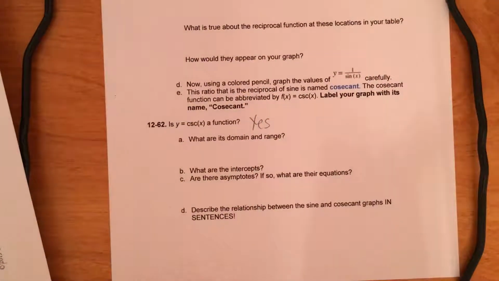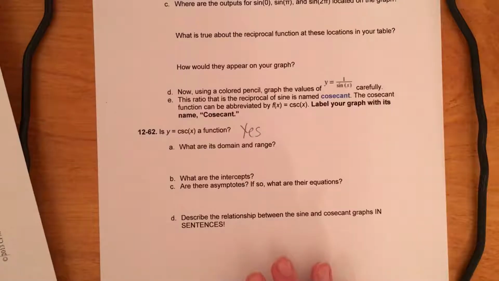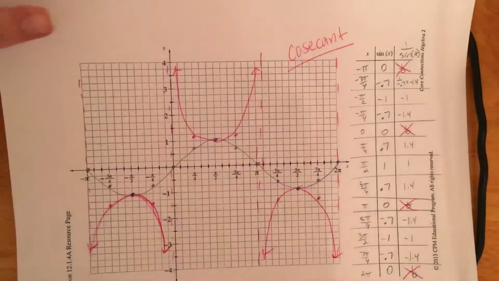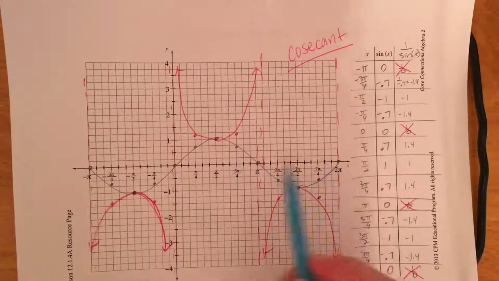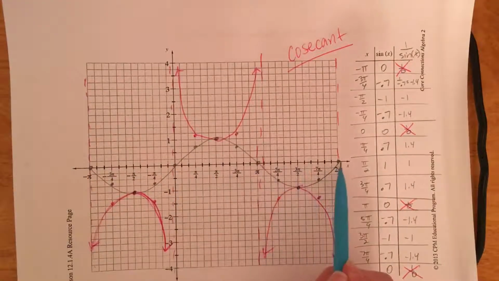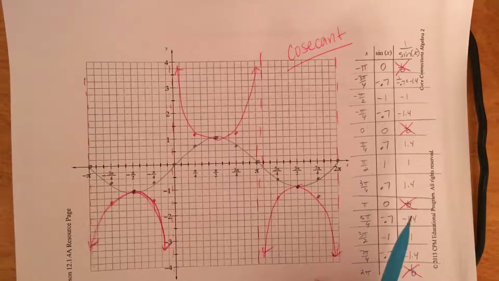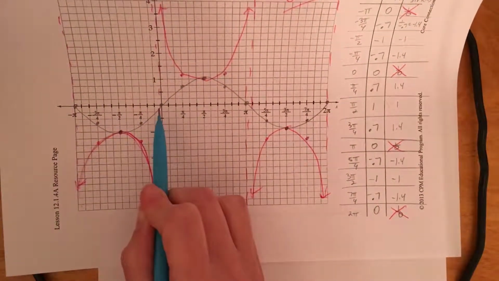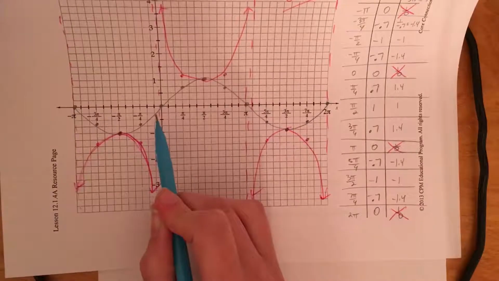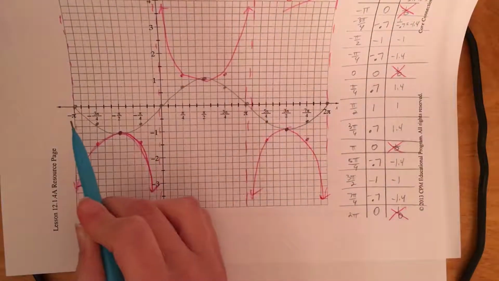And then what are its domain and range? If you look here, its domain is the x coordinates here. And actually everything worked except those places where we had asymptotes. So remember when we solved equations and we said pi over 3 plus 2 pi n. We can do that same thing here. So we're at multiples of pi is where it's not working out. So 0, pi, 2 pi, negative pi.